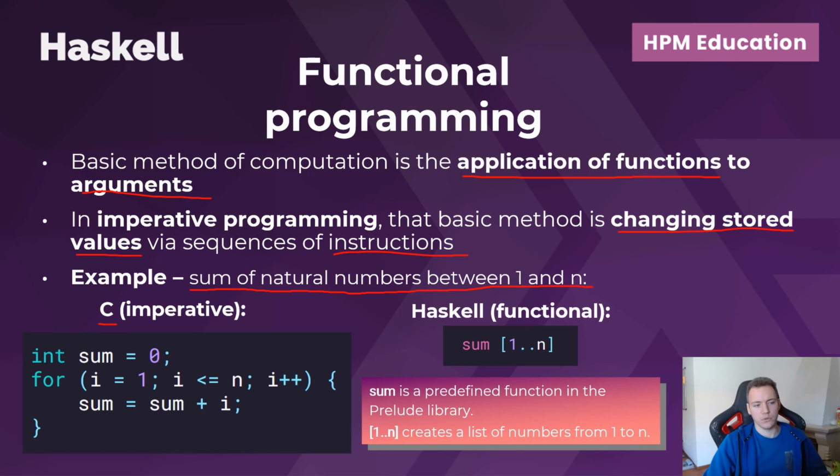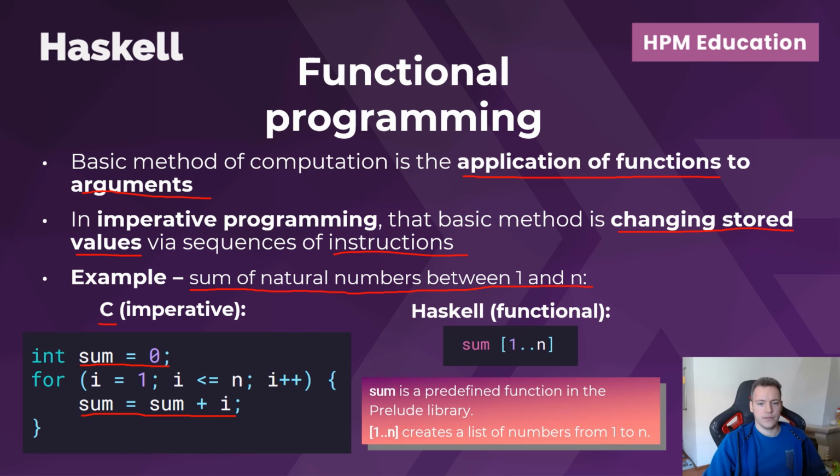We would initiate the sum value to be 0 at the start, and then have a loop that will loop over all the numbers from 1 to n, and for each number it will increase the sum, so it will change the stored value of sum by the number that's being looped over.